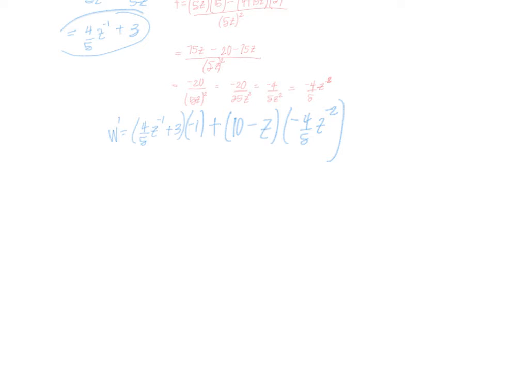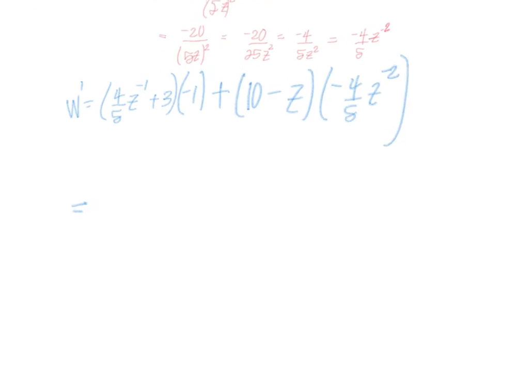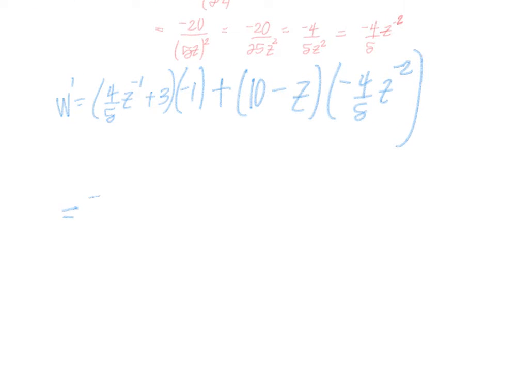So to clean this up a bit and to just distribute some things out, this becomes negative 4 over 5 z to the negative 1 minus 3. Okay, I'm going to distribute the negative 4 over 5 z to the negative 2 to the 10 and the negative z.